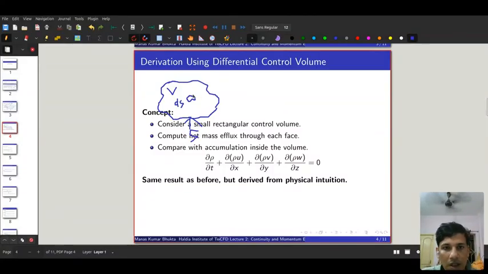Since it is 3D, obviously I am elongating the dimensions here. Suppose within this elemental volume there is n, the normal vector, and this arrow shows the direction of the velocity.